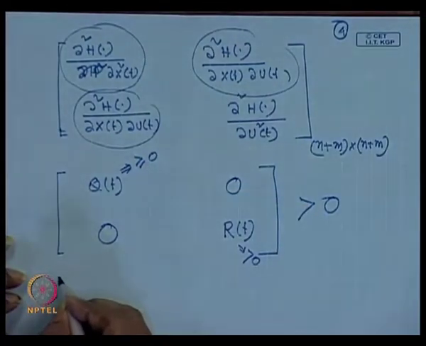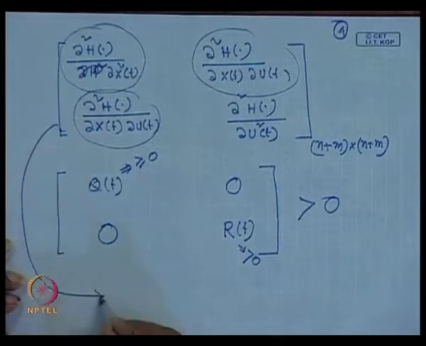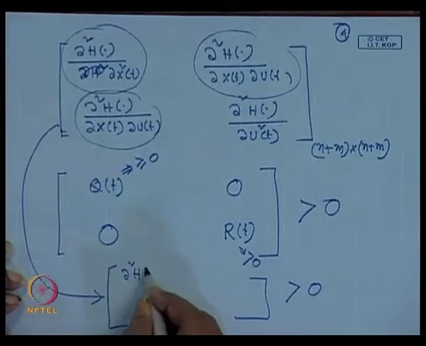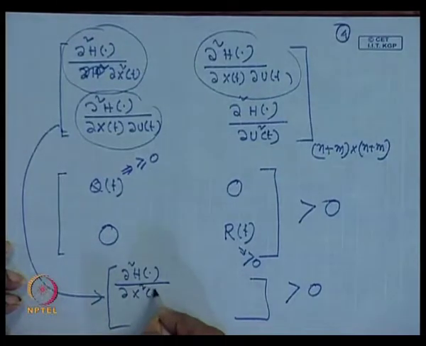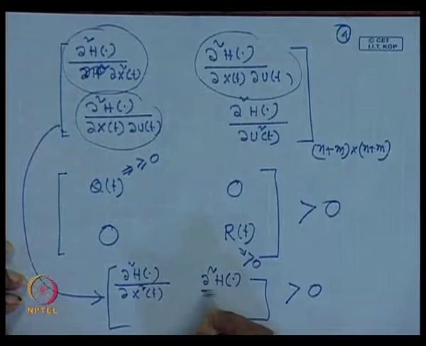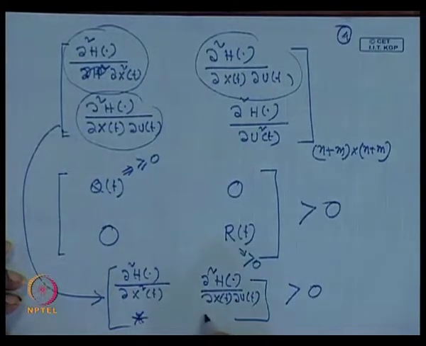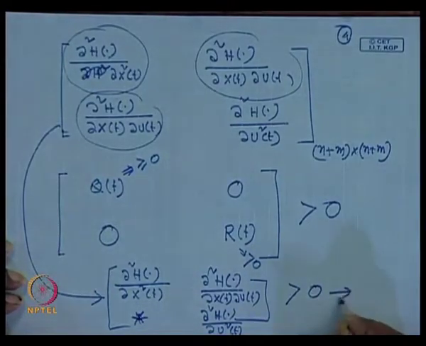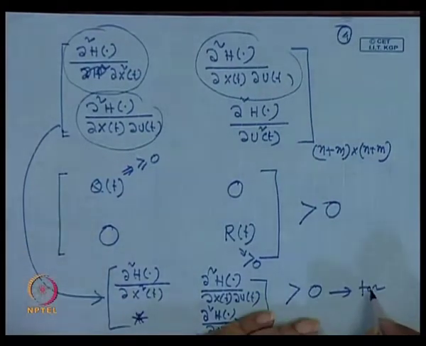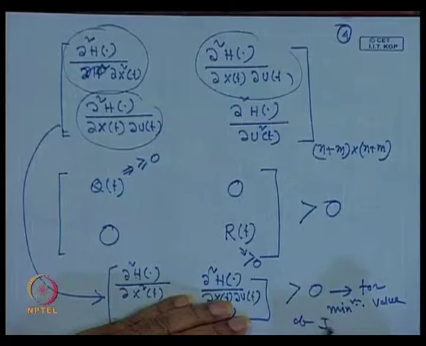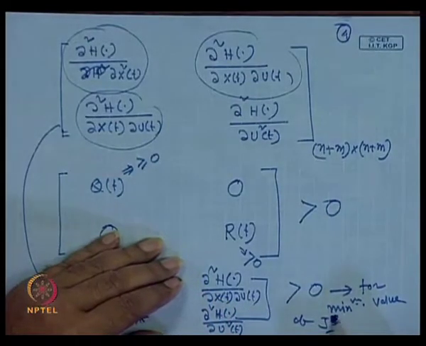So, this implies that this matrix must be greater than or equal to 0: del square H, del x square of t, del square H, del x of t, del u of t, and this is the symmetric of that one, the star I can write, then del square H, del u square of t must be positive definite for the minimum value of the functional, j star, you write j.